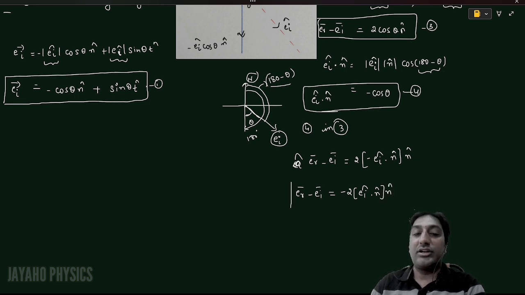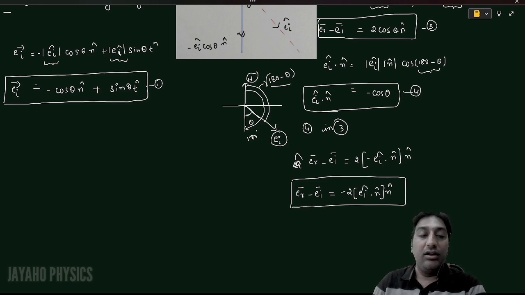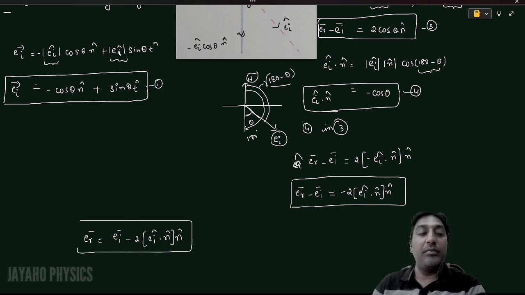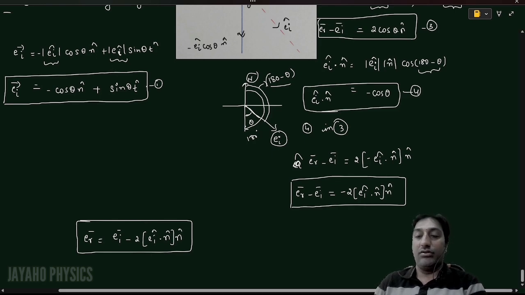This is a vector representation of the reflected light ray. So the final formula is E_r bar is equal to E_i bar minus 2 times E_i bar dot n bar multiplied by n bar. This is the reflected form of a vector.